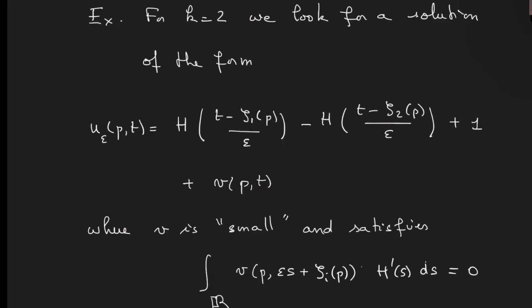So let's say for k equal 2, you want two interfaces. Five minutes of thinking tell you that you should look for a solution which is close to something you will cook up using what I've called the heteroclinic solution. Remember that h(s) was nothing but hyperbolic tanh of s divided by square root 2.